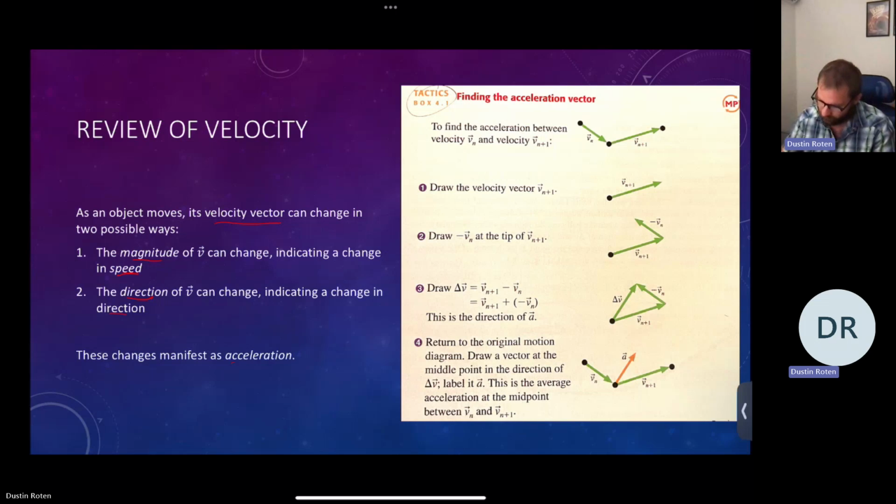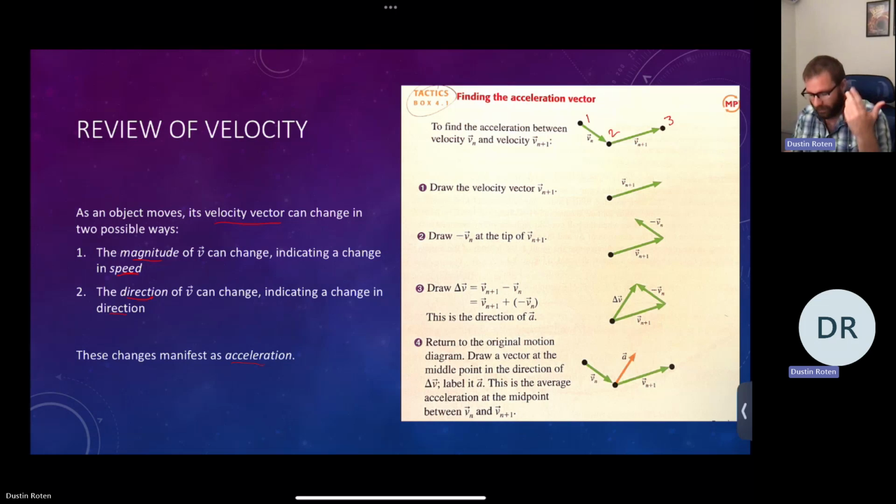We have some particle that's moving from position 1 to position 2 to position 3. We've got 3 different positions and 2 different velocities here: one velocity in the first step, 1 to 2, and another in the second step, 2 to 3. Clearly, the velocity is changing because we're changing direction. It's moving more to its left.